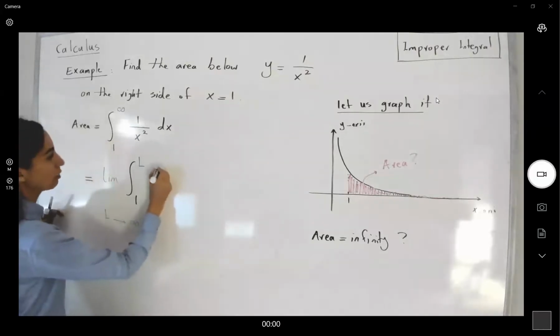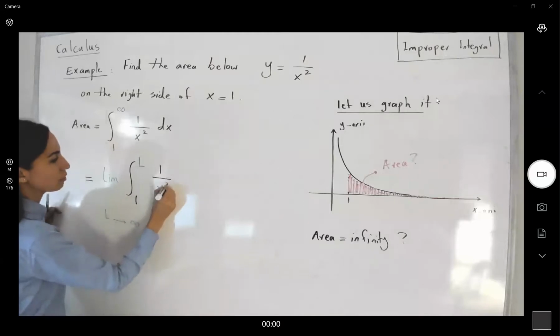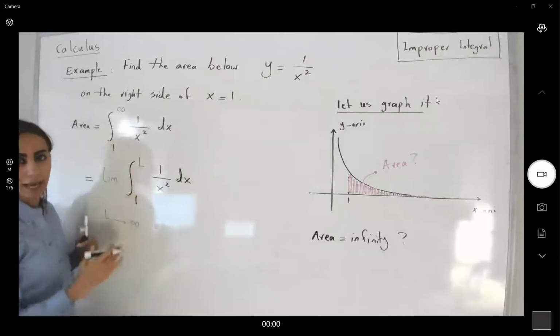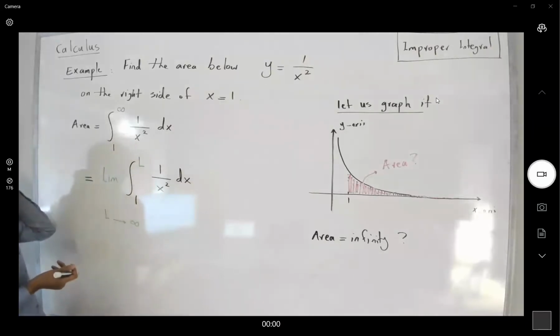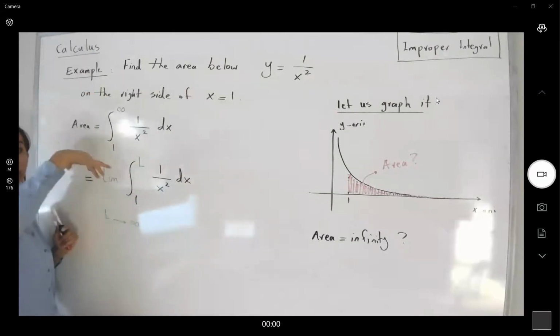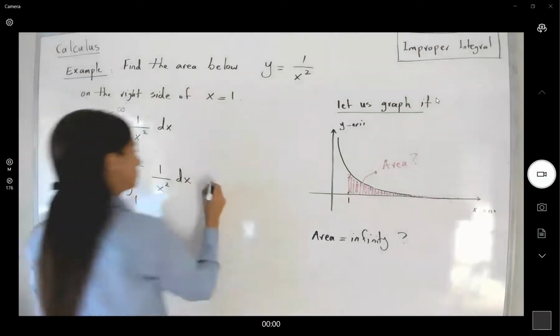Here you have 1 over x squared dx, which is super easy for us to calculate. This is x to the -2, so you get -1 over x.